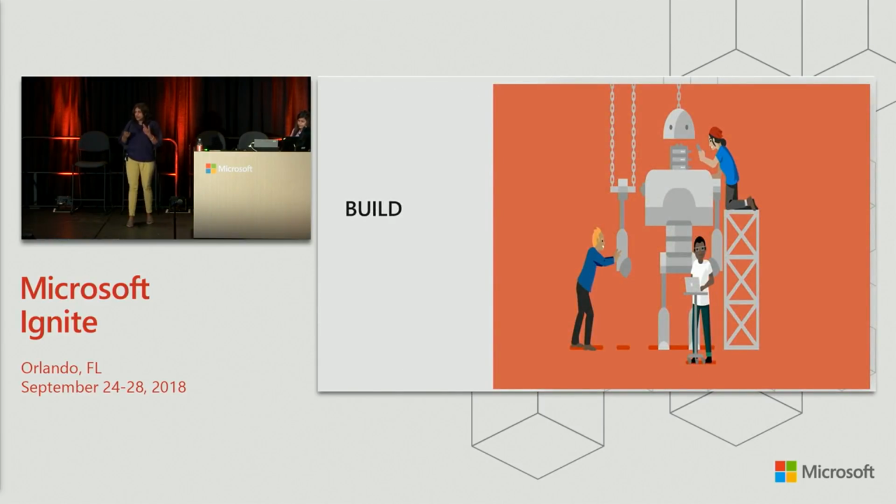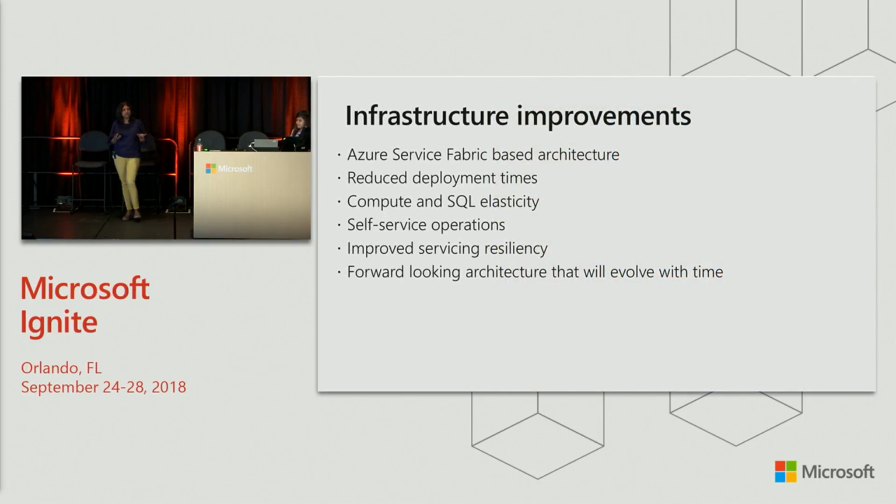So we'll go a little bit more into the build and implement phase. I'll start with the infrastructure improvements. Something that we're doing behind the scenes, as you know, is updating some of our infrastructure, and all of this is going to move to an Azure Service Fabric-based architecture. What this means is there'll be containers and microservices behind the scenes.